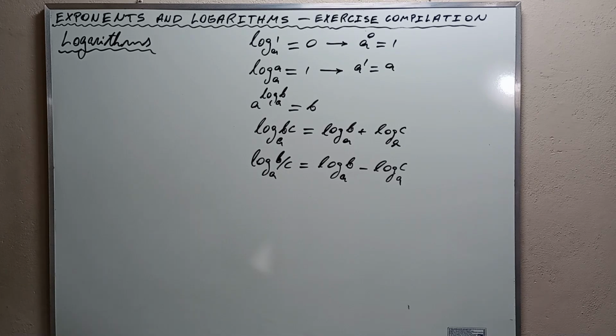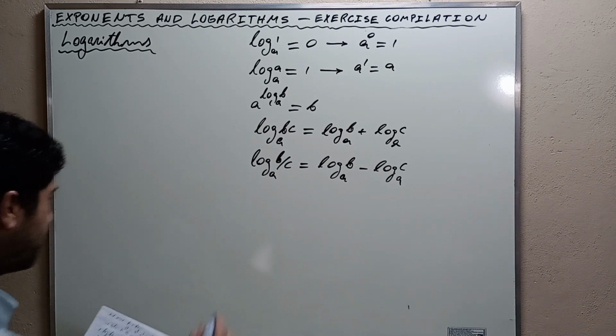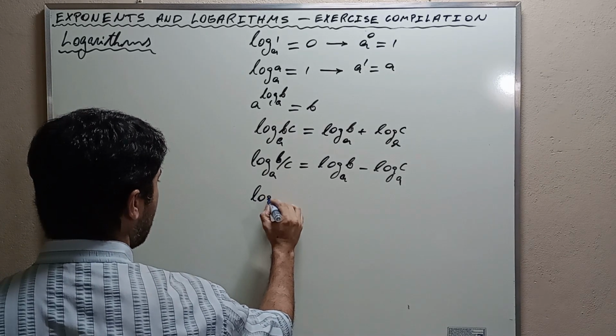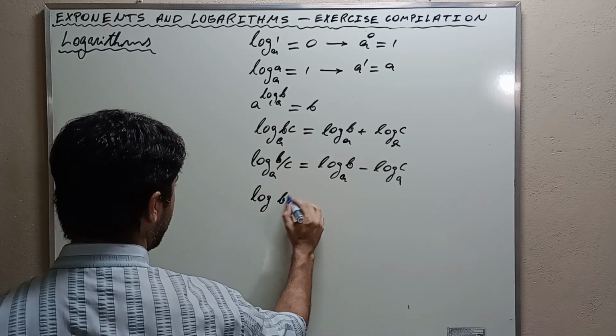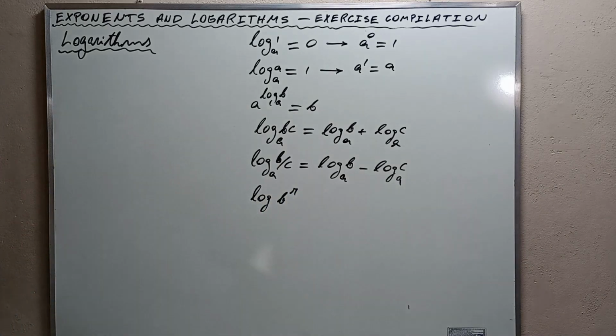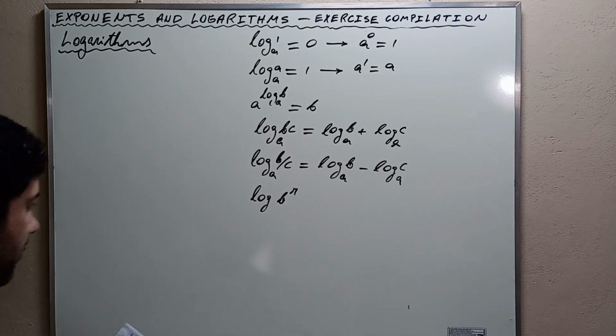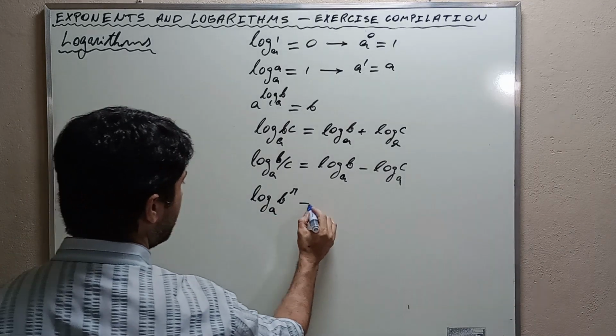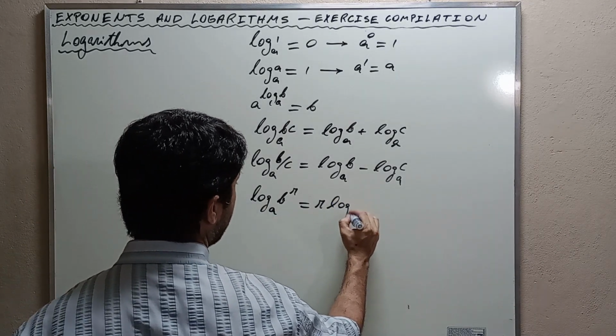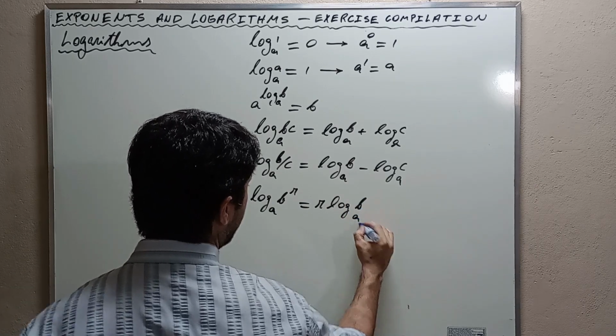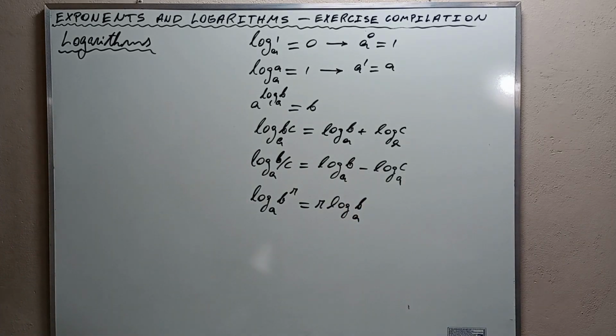And how about the power? The logarithm of b raised to the power of r base a is equal to r times the logarithm of b base a, okay? This is very important as well.